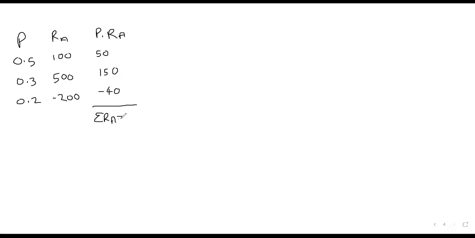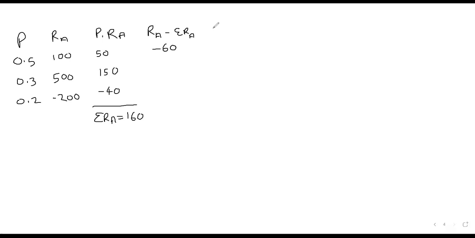Okay, those who were here during lunch, what follows next? We subtract the returns minus expected returns. So 100 minus 160, we get negative 60.